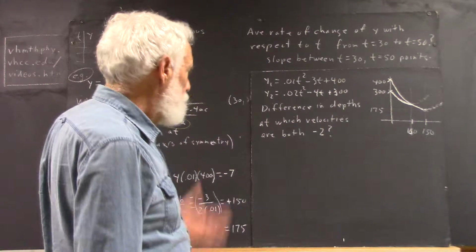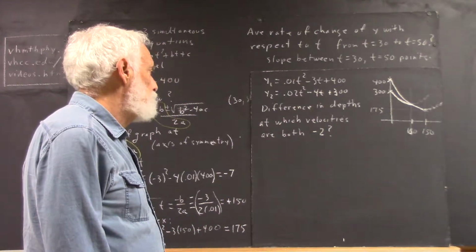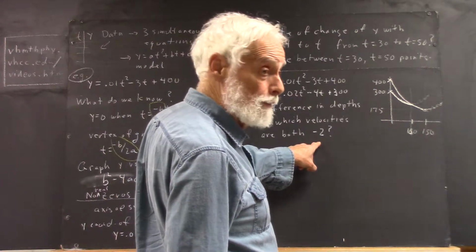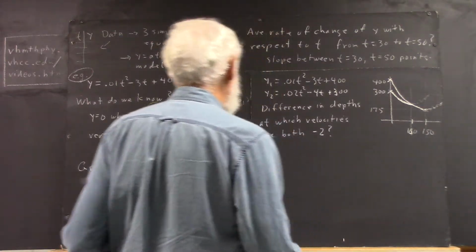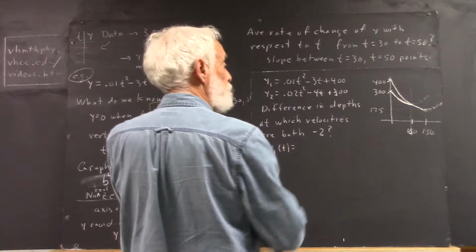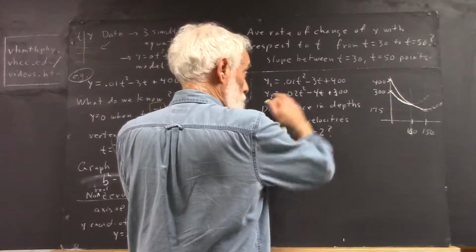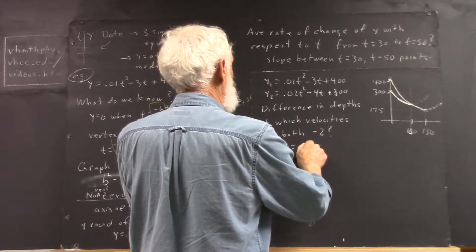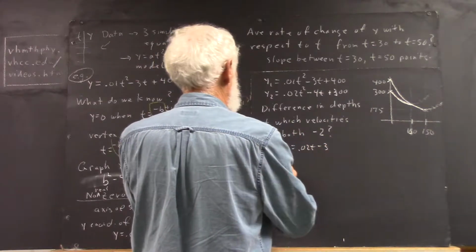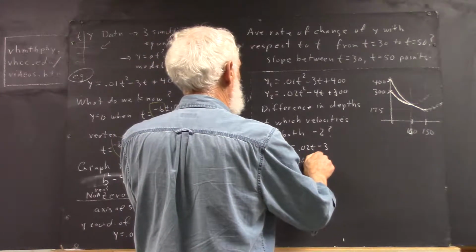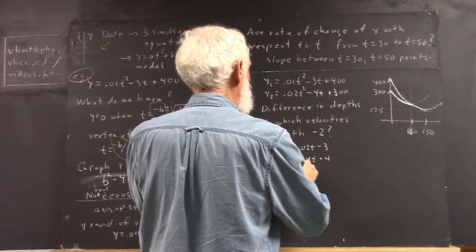Okay, so anyhow, the question now is, what's the difference in the depths at which the velocities are both -2? Okay, now we get our v1 function, and that's going to be what we get here. That's going to be 0.02t minus 3, and v2 of t is going to be 0.04t minus 4.